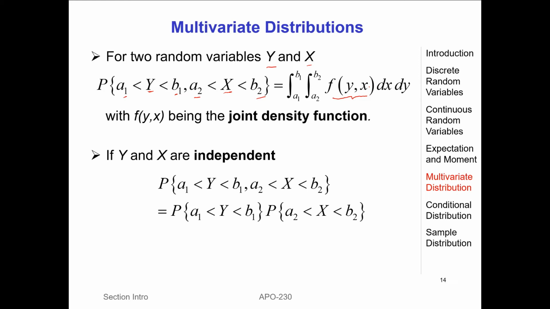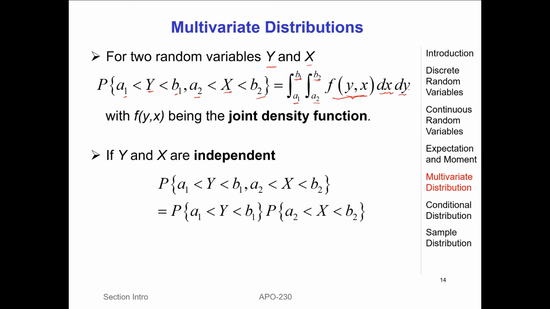If you have a discrete case, we will also do an example later. Don't worry. Now, first you take the integral of the joint distribution, integral over the range of x that we're interested in, and then in turn over the range of y. So that's why we have dx and then dy over here.